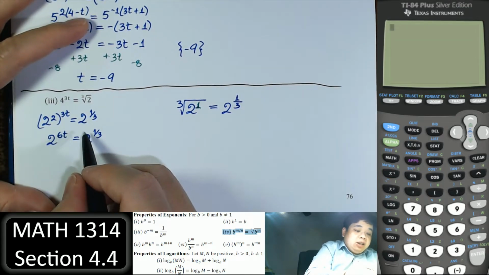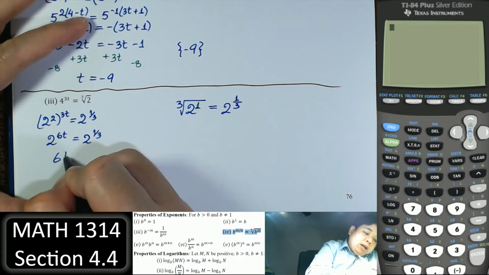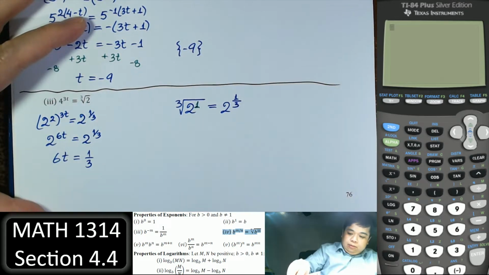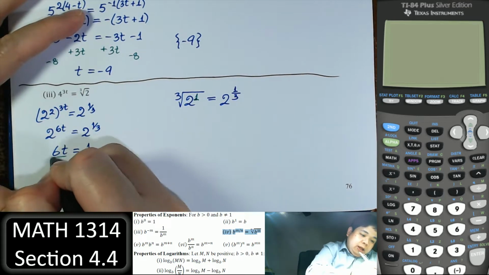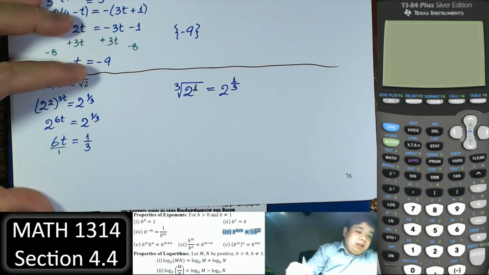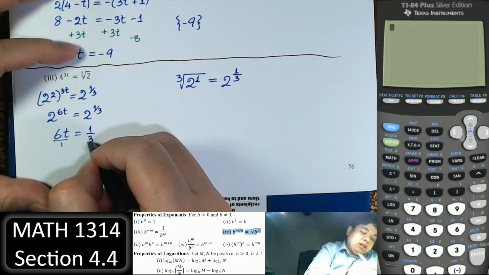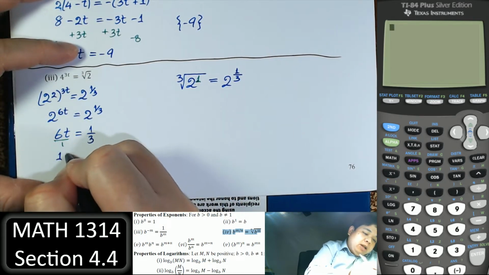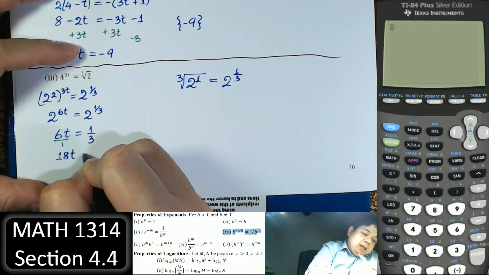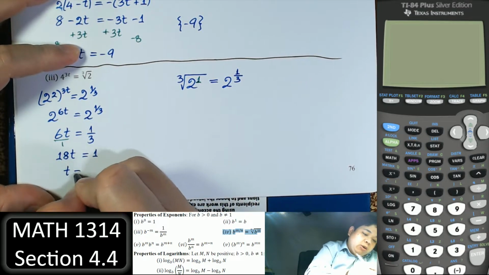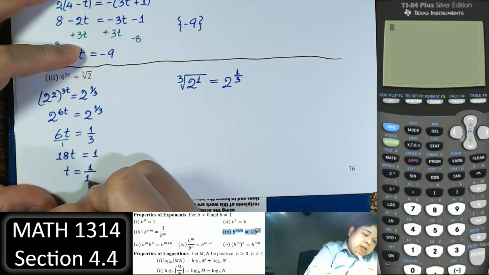The bases are the same, so the exponents must be the same. Here you can make a fraction and then cross multiply, or multiply both sides by the common denominator. Anyway, we have 18t equal to 1, divide by 18 on both sides, so t equals 1 over 18.